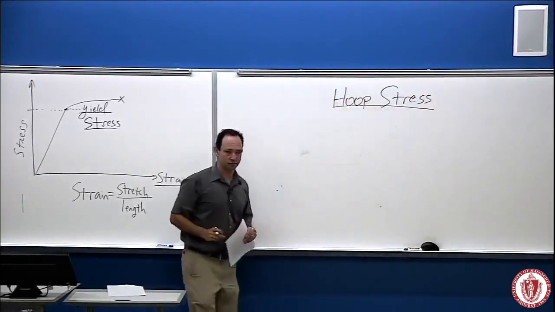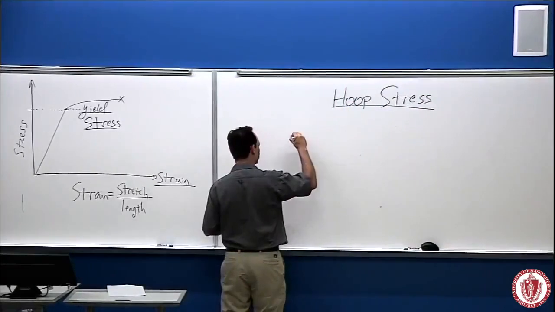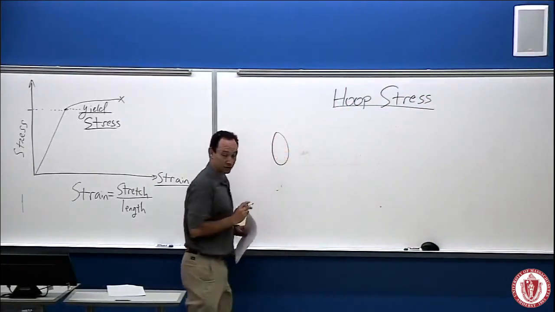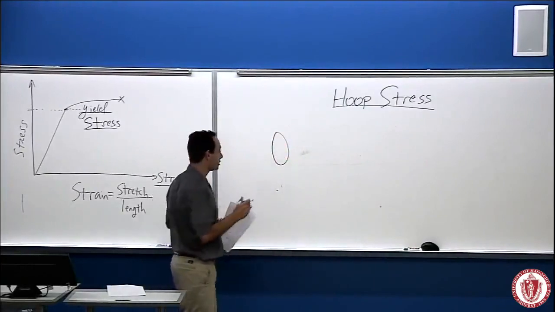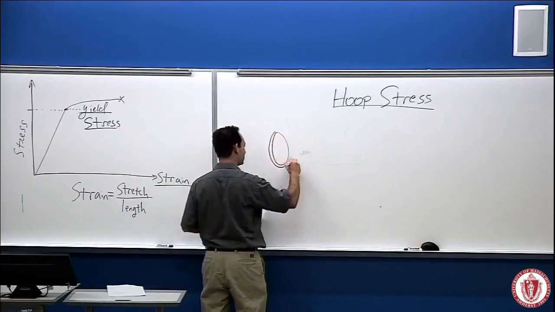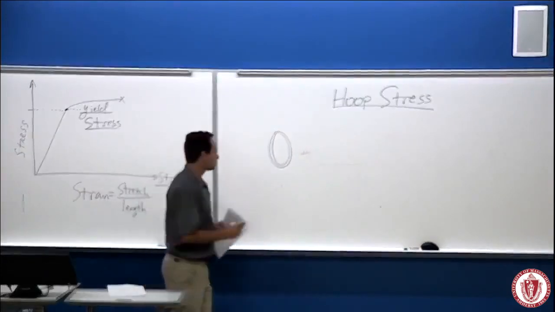With hoop stress, let's just imagine that we've got a long cylinder, or cylindrical vessel, actually. It's containing something that's pressurized. So this might just be a pipe. And we're going to assume the pipe has pretty thin walls.